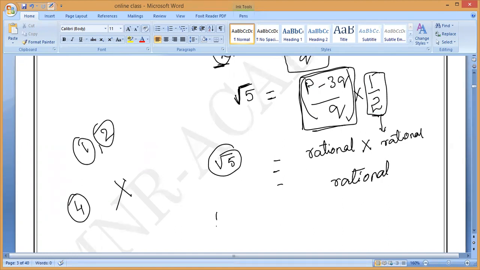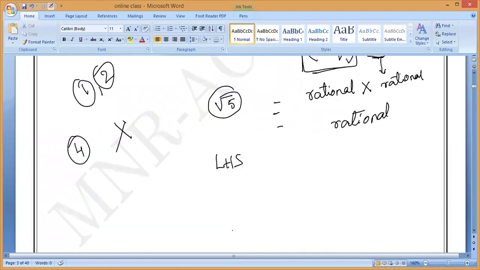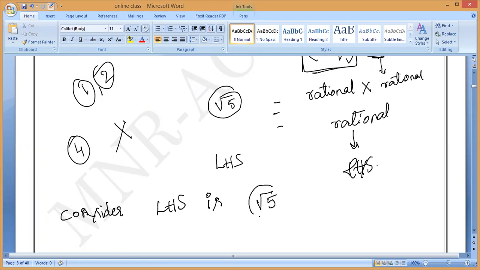So what is our LHS? Root 5. So consider the LHS for the 4 marks question, root 5. So again you prove root 5 is irrational, like the previous sum.